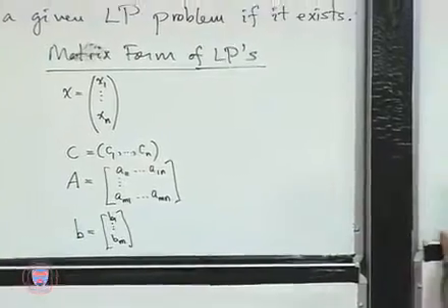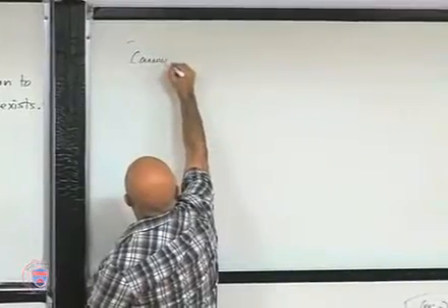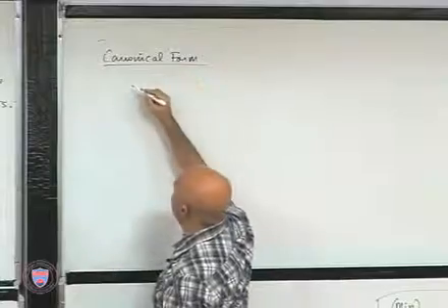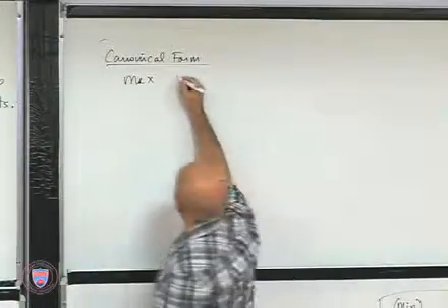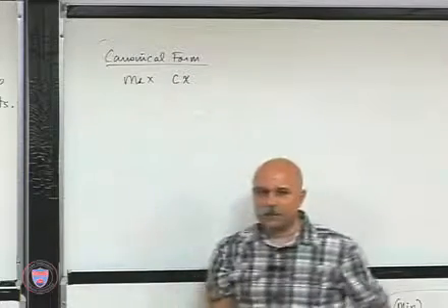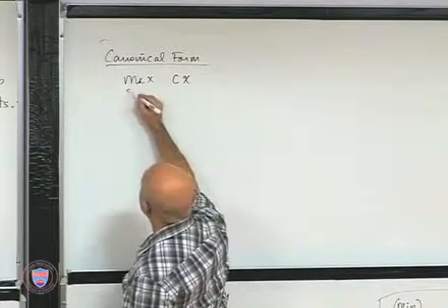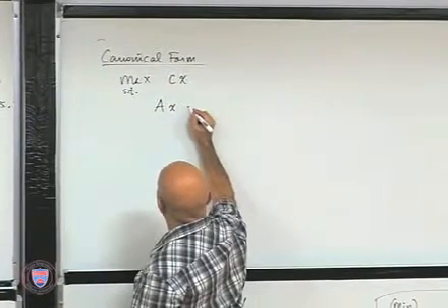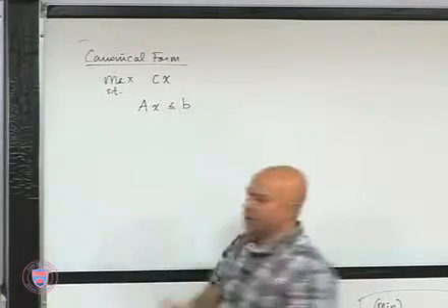So with that, if you look at the canonical form, maximization and minimization problems, the canonical form maximization can be simply written down as the dot product of c and x, which outputs a number, subject to Ax being less or equal to the right-hand side vector b.